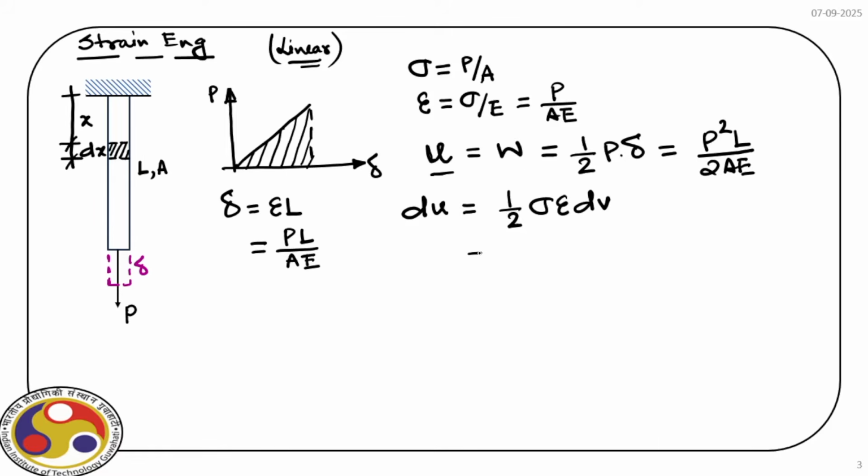So now we can further modify it. So we have epsilon as sigma divided by E. So we have sigma square divided by E, and dV we can write cross-sectional area A times dx.